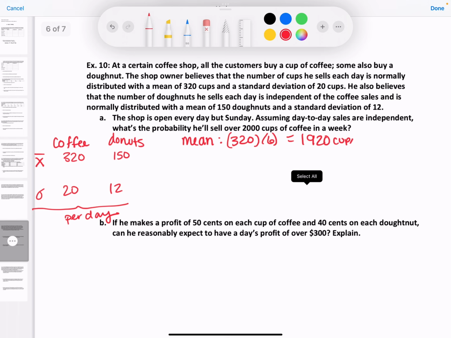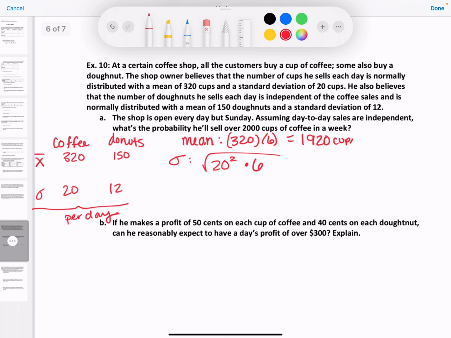So then the standard deviation for coffee is 20 cups a day. So 20 squared, because we have to change it to variance. Then we've got to multiply that number by 6.